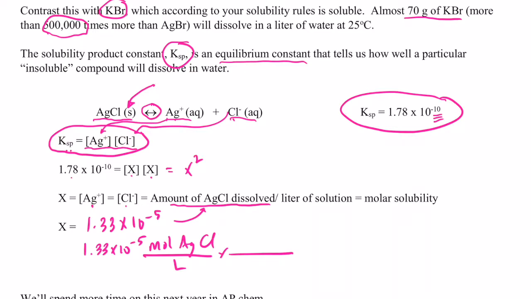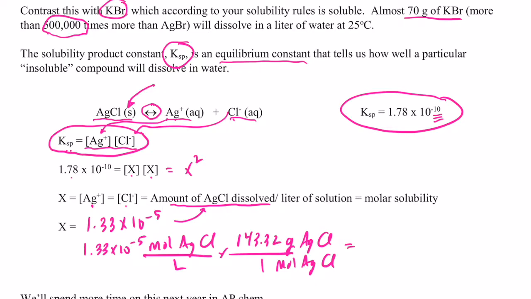Let's see how many grams that would be per liter. So we'll put moles of AgCl on top, grams of AgCl, moles of AgCl on the bottom, grams of AgCl on top. And so we need to figure out the formula weight of silver chloride. Silver is 107.87 grams per mole, and chlorine is 35.45 grams per mole. So the formula weight is 143.32.